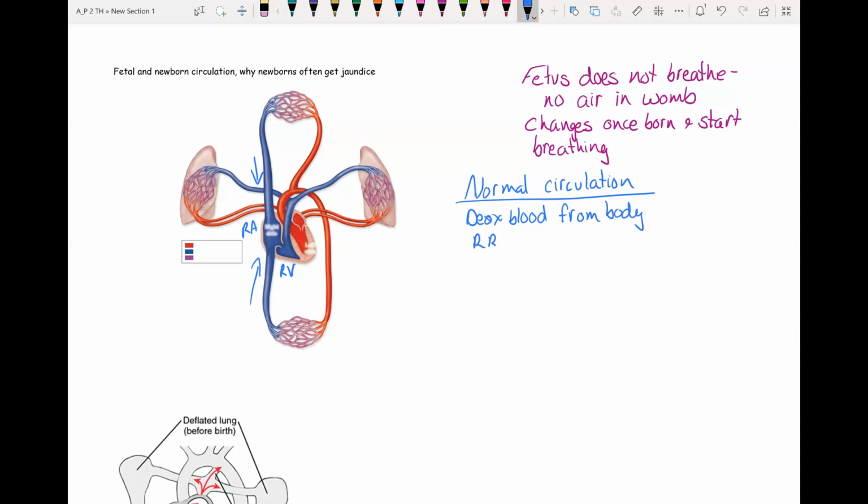It enters the right atrium and it passes from the right atrium into the right ventricle. Then the right ventricle pumps that blood to the lungs. And remember, it's going to go through the pulmonary trunk and the pulmonary arteries to get there.